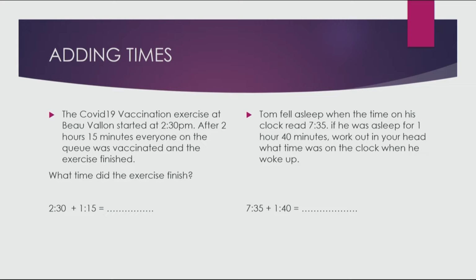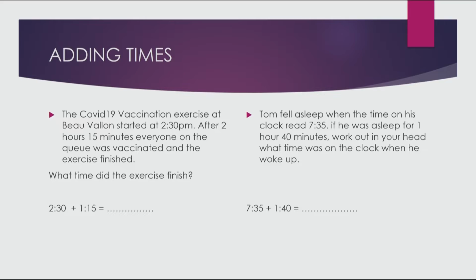The COVID-19 vaccination exercise at Buvalo started at 2:30 p.m. After 2 hours and 15 minutes, everyone on the queue was vaccinated and the exercise finished. What time did the exercise finish?